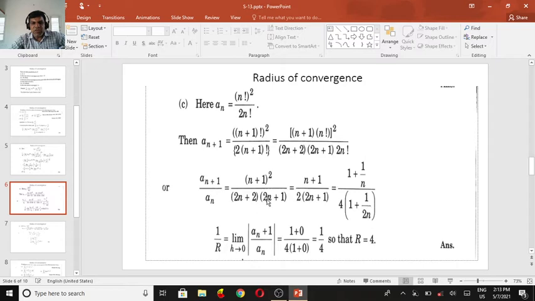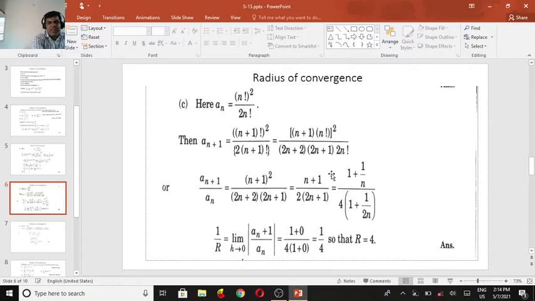So the (n+1) term gets cancelled. We are left with (n+1) divided by 2 times (2n+1). Now again, I take n as common in the numerator: n times (1 plus 1 by n). Again, I take 2n as common in the denominator. We get 4 times n into (1 plus 1 by 2n). So n gets cancelled: (1 plus 1 by n) divided by 4 times (1 plus 1 by 2n).